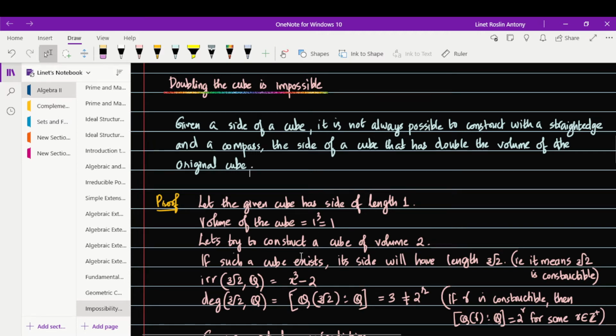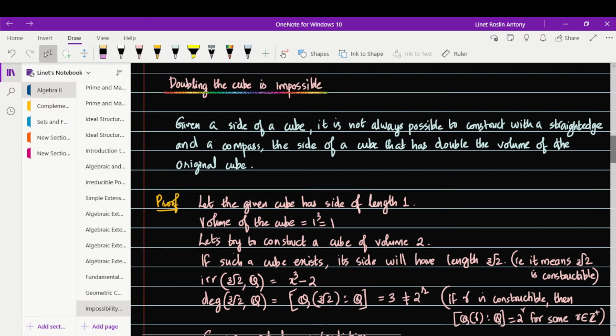So in order to construct a cube of volume 2, definitely, if such a cube exists, its side will have the length cubic root of 2, that is 2 raised to 1 by 3, right? So the side having length cubic root of 2 means that this line segment having the length cubic root of 2 is constructible.